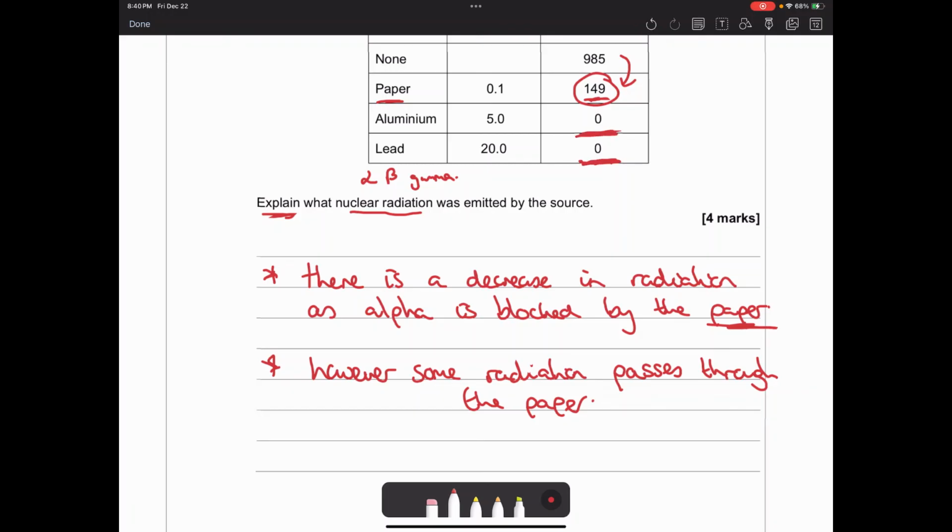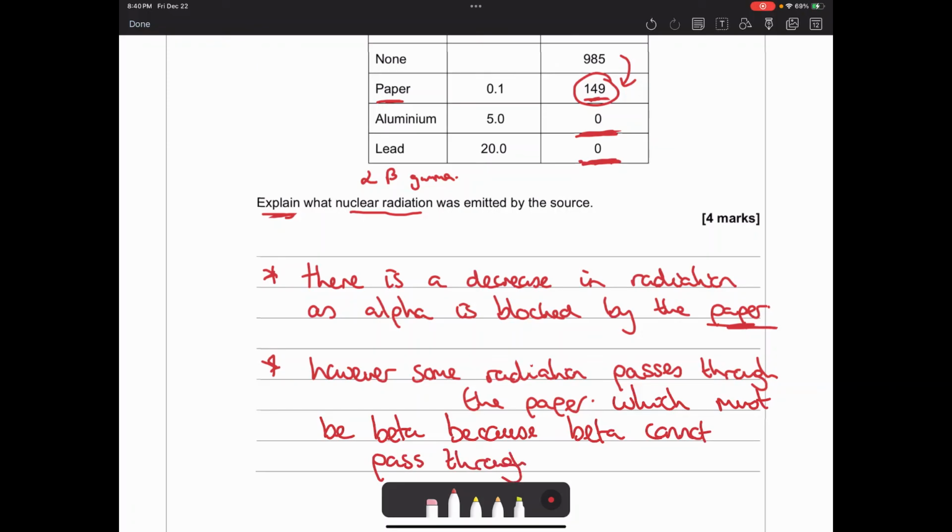So however, some radiation passes through the paper, which must be beta, because beta cannot pass through aluminium, which has a 0 reading.